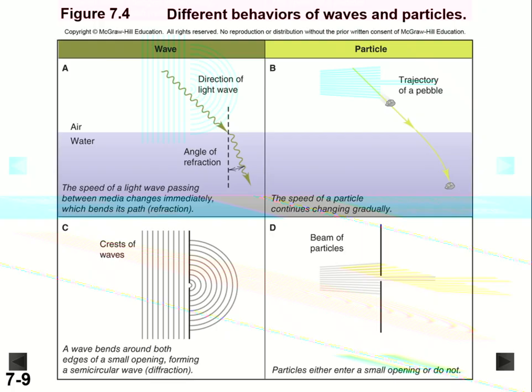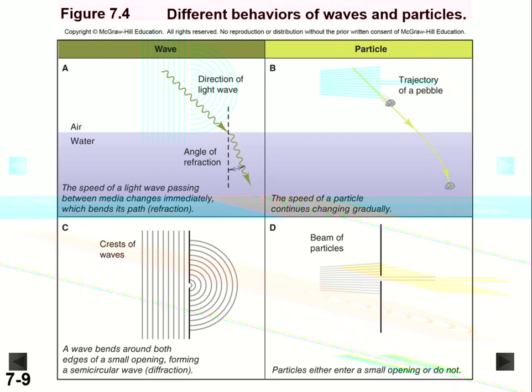In panel C, right below it, you can see waves when the black line in the middle represents a barrier, and there's a small opening in the barrier. If a group of waves hits that barrier, then the waves bend around the barrier. And you've experienced this. Imagine you're sitting in a room and the door is open, and you call out to your friend.